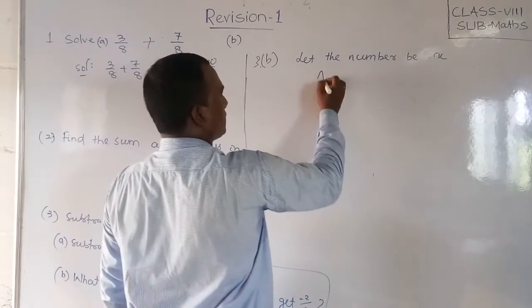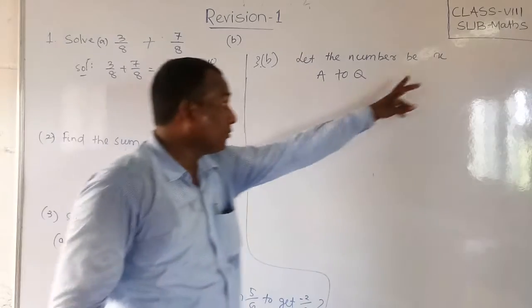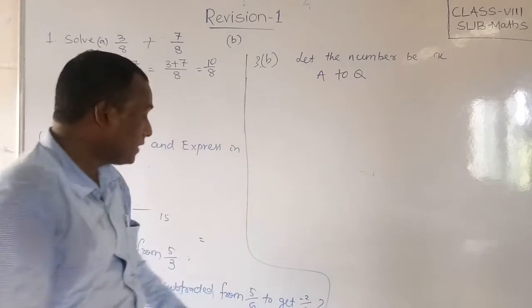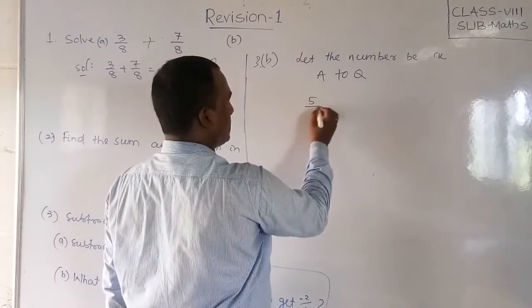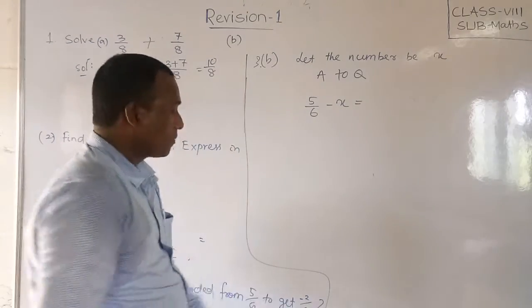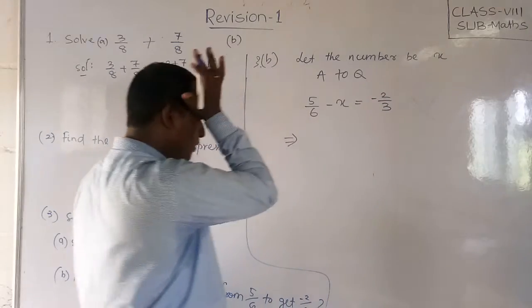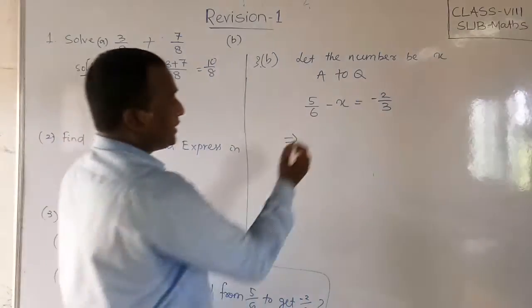According to the question, this number is subtracted from 5 by 6, so 5 by 6 minus x is equal to minus 2 by 3.